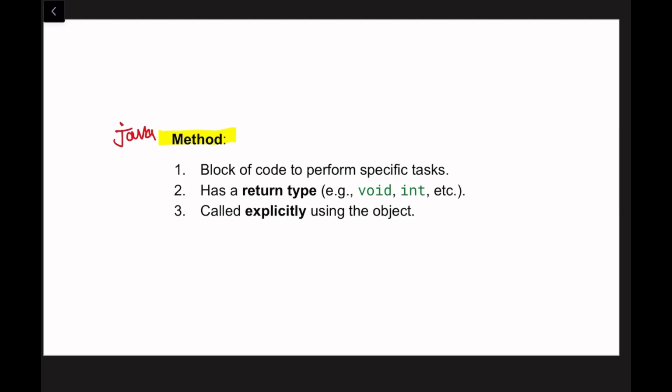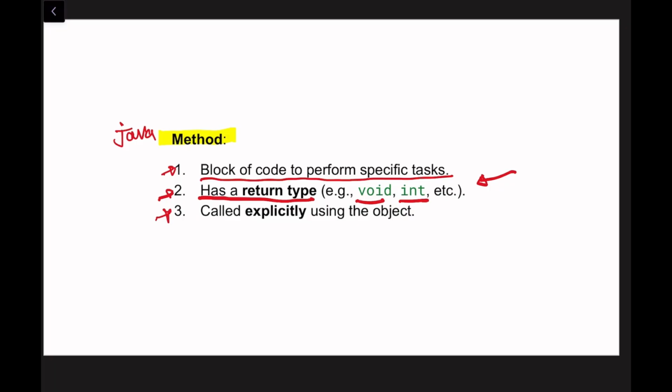First, a method is a block of code to perform a specific task. Second, a method has a return type. It could be void, int, etc. Because of this point, we know a method must have a return type in Java.